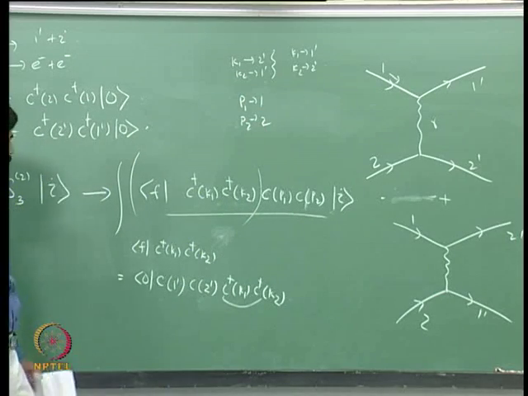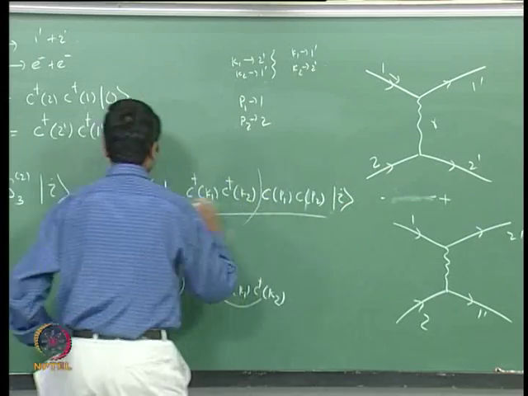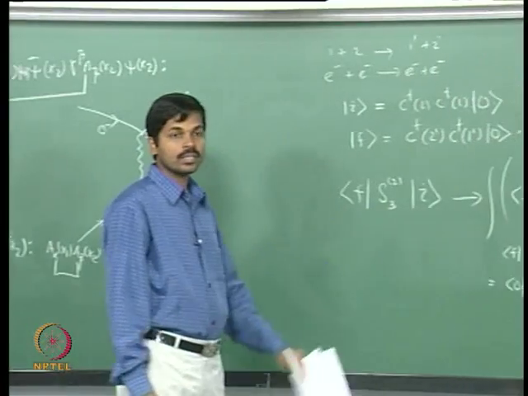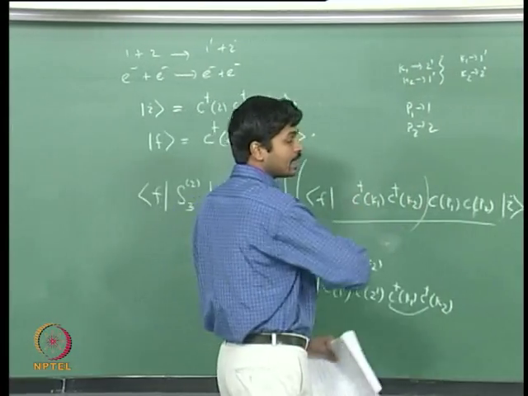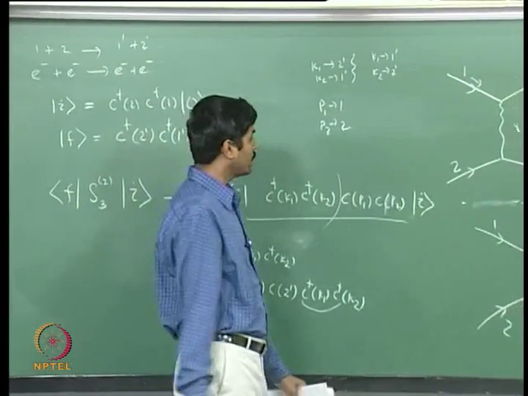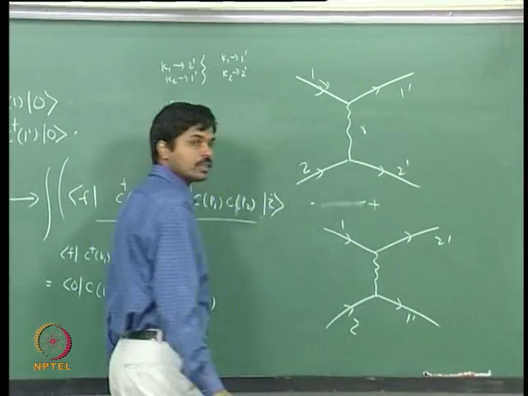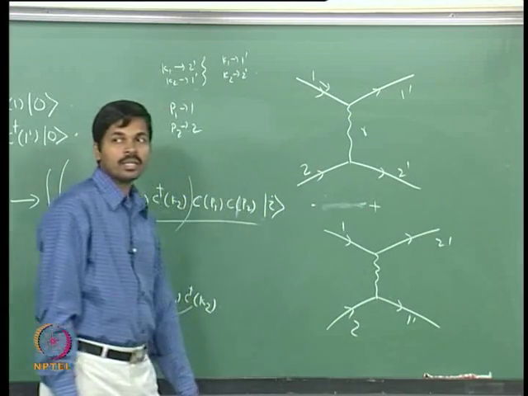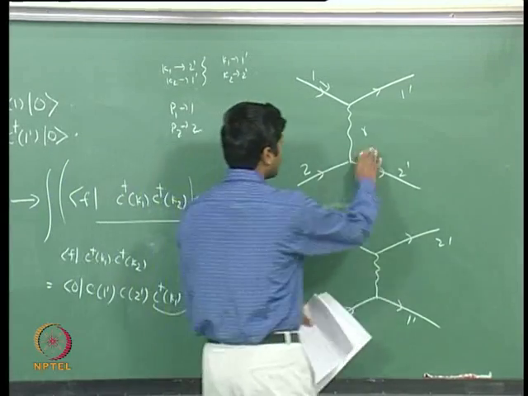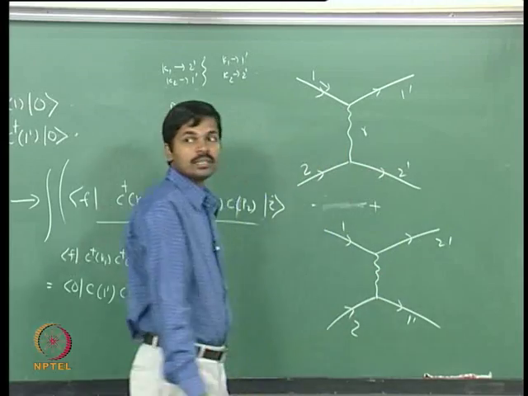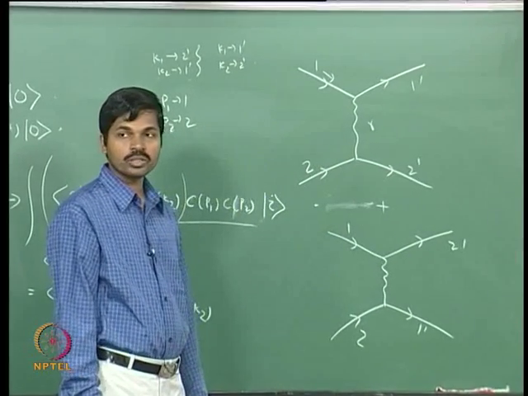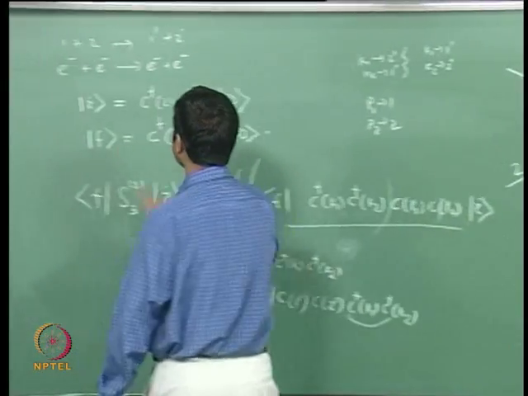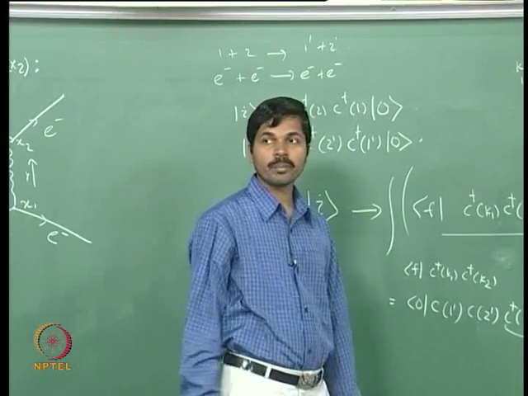So what you can do is either you can systematically look at this term here, evaluate its matrix element, and ultimately you will get 2 terms with a relative minus sign between them, or you can look at these 2 Feynman diagrams here, compute the amplitudes in the usual way, and then add them with a relative minus sign between these 2 amplitudes to compute the full amplitude for this process A minus plus A minus going to A minus plus A minus.